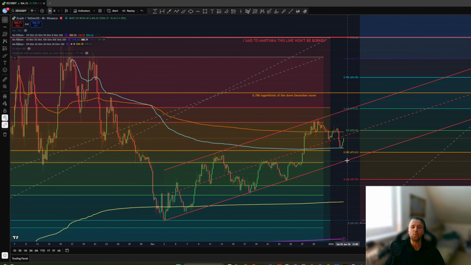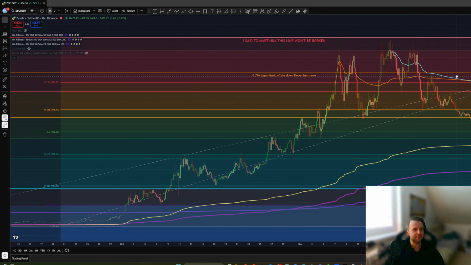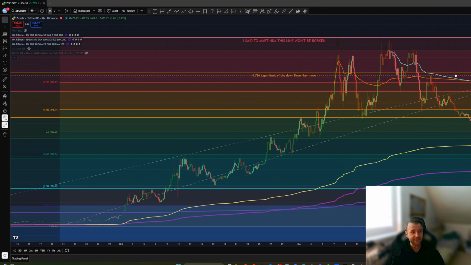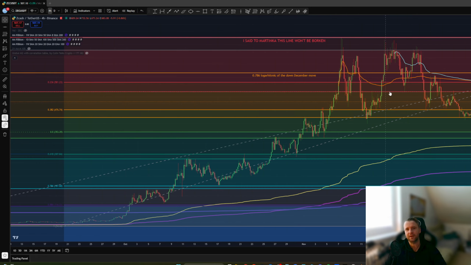So that's the move we are looking at right now, and after that, in my opinion, it's going to retest the top of this red line. That's basically the Fibonacci 0.236 of the whole move up, okay?